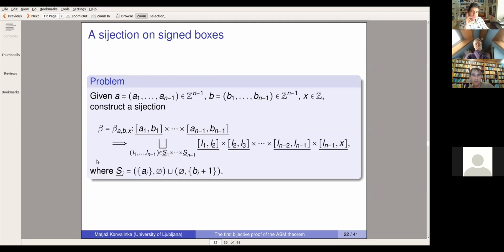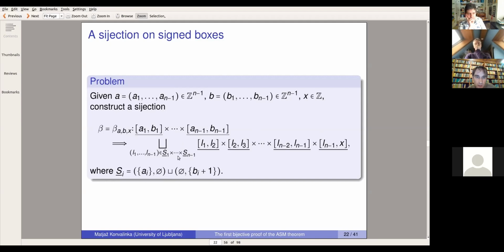Okay, and then, well, you can use this building block, this alpha, to construct other sijections. So this is an example. So you have a signed box, and you can construct a sijection from this signed box to this disjoint union of signed boxes. Right?